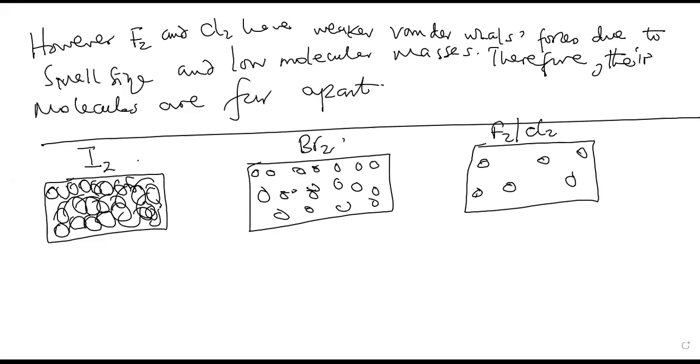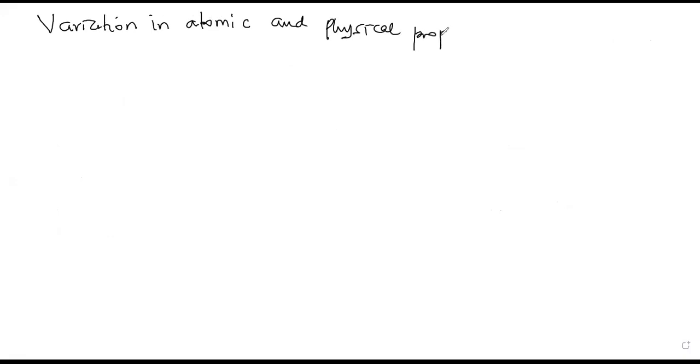So now, members, looking at all this, let's go straight to the variation. I told you that before the work I want to cover is not covered today, no releasing you. Variation in atomic and physical properties of group 7 elements.